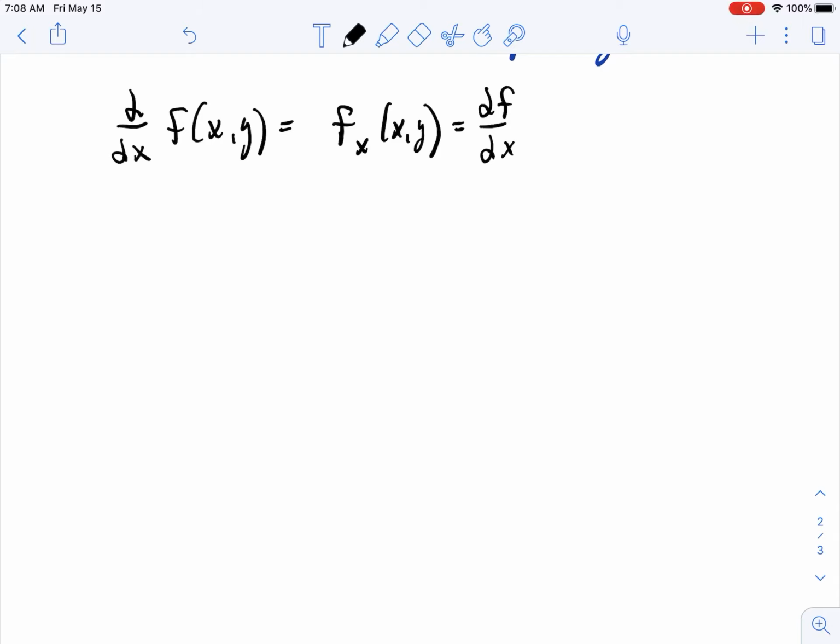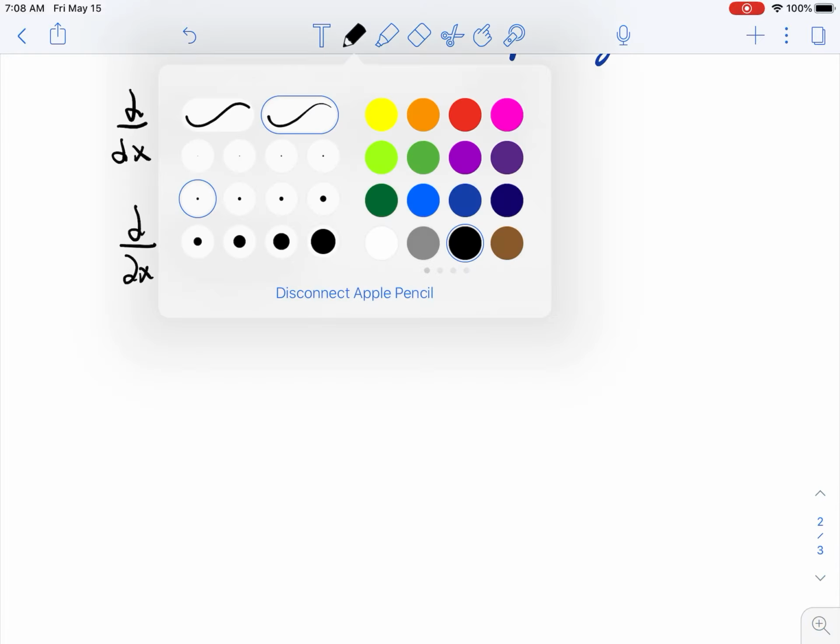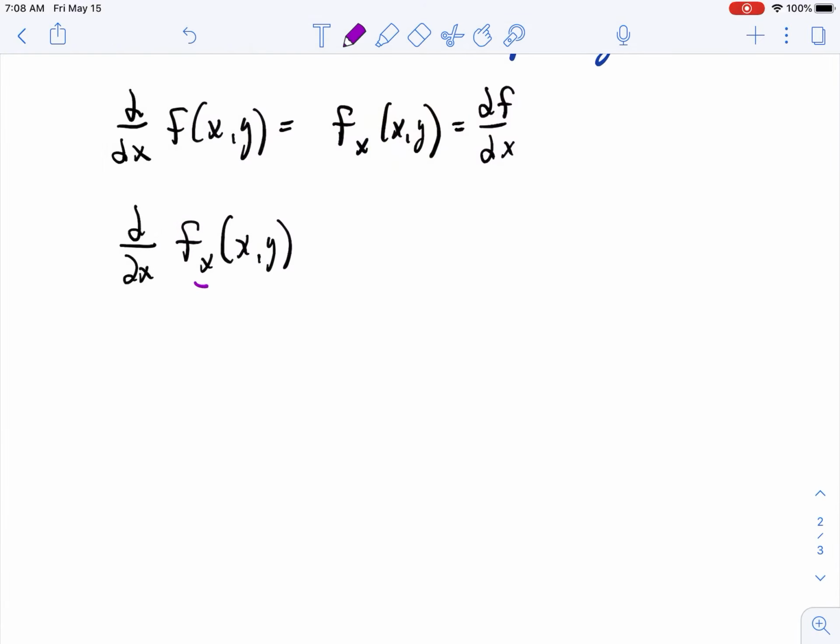So what would it be if I did another partial derivative d dx of it? Well, what keeps track of the derivatives is right here. So, since I'm doing another derivative of this, it would just be f_xx(x,y), like so.